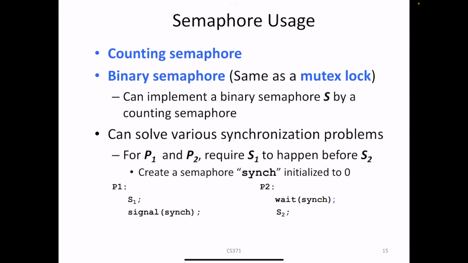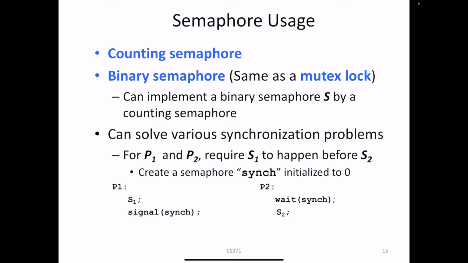Here we suppose P1 has been put onto the CPU first. Then S1 is executed and it calls the signal operation. Since currently the value of SYNCH is 0, after we call the signal operation, the value of SYNCH is increased to 1. After a while, P1 is interrupted by P2, and P2 is put onto the CPU.